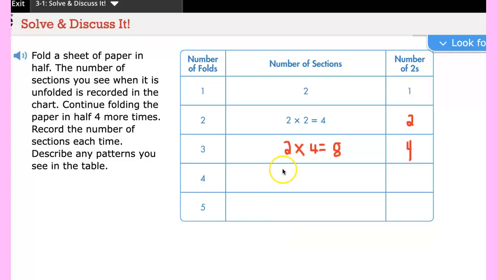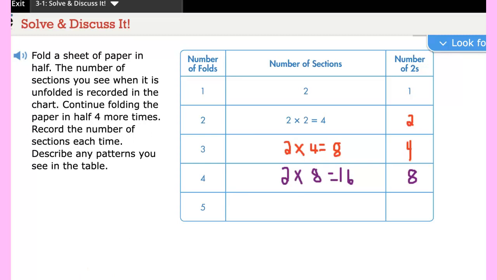So in this case, the fourth fold gives us 16 sections, and there are 8 twos. So if I'm going to fold it 5 times, how many 2s do you think I could produce?